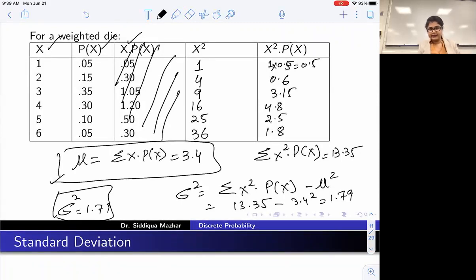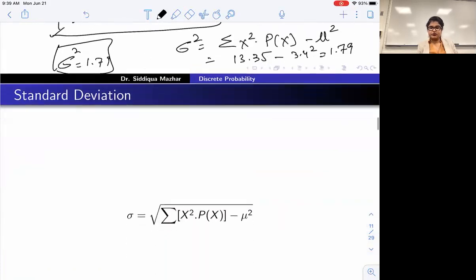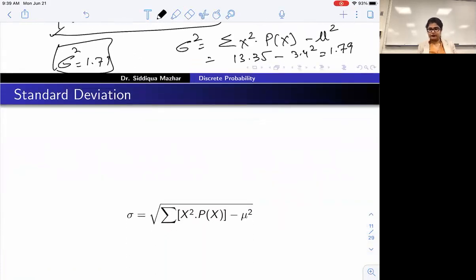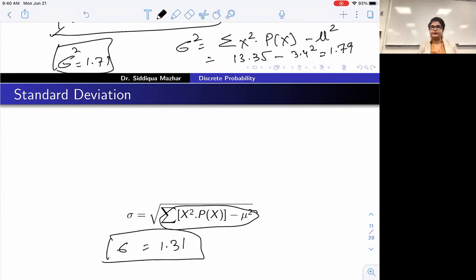Once you find the variance, the standard deviation is just the square root of this value. Variance is basically the square of the standard deviation, and if you take the square root of it, this gives you the standard deviation. So what is the square root of 1.79? 1.31. So this is the standard deviation for the same example.